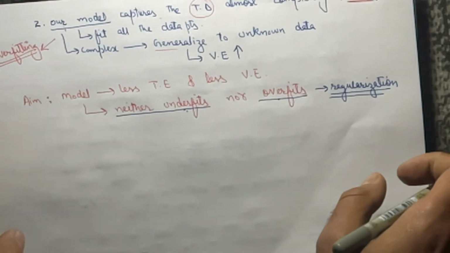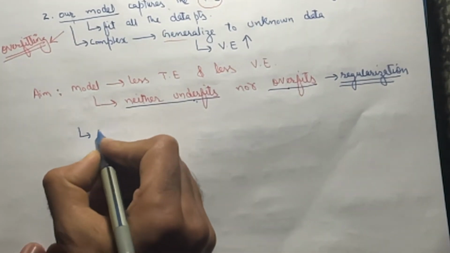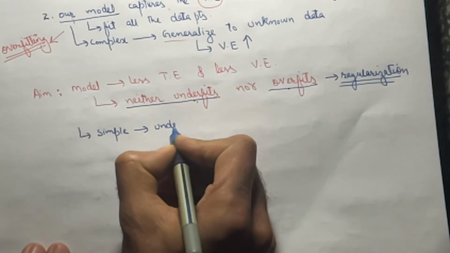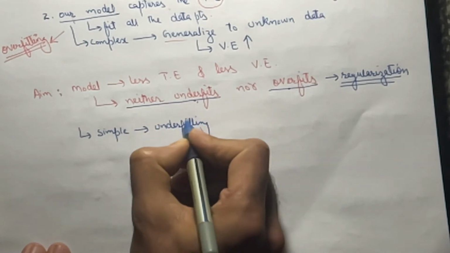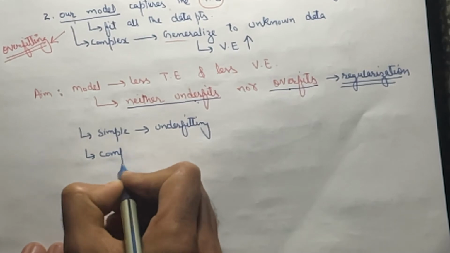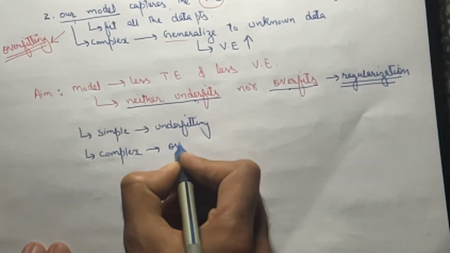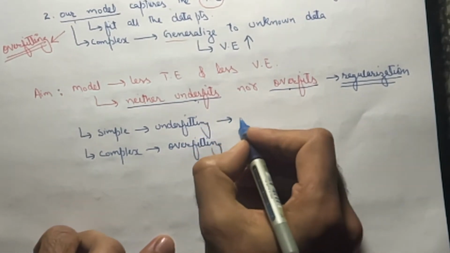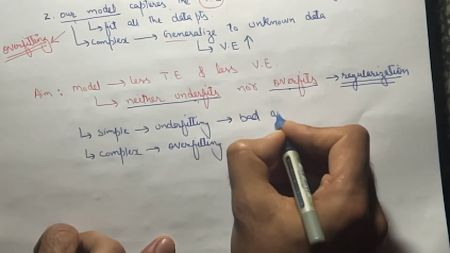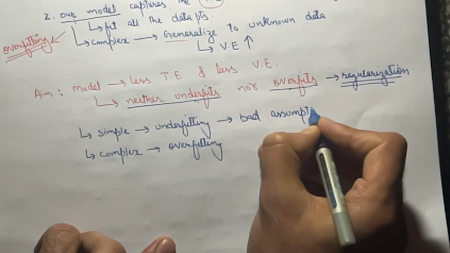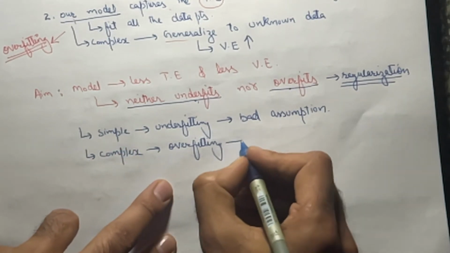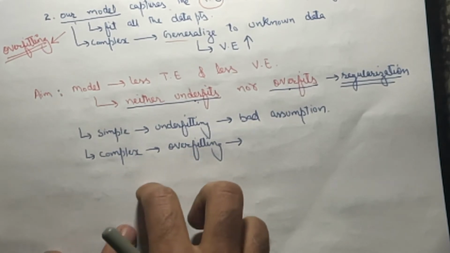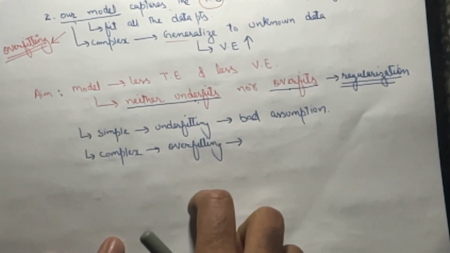You can also see that if I have a simple model, it has the problem of underfitting. If I have a complex model, it has the problem of overfitting. Underfitting was because of a bad assumption about the hypothesis function, and overfitting is because our model is trying to fit all the data in the training data set.